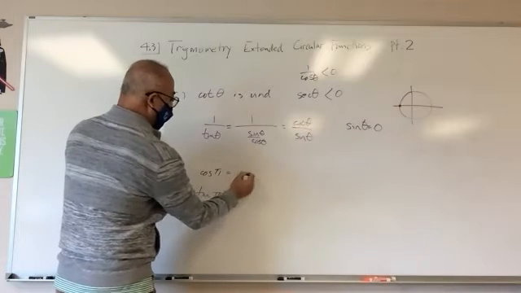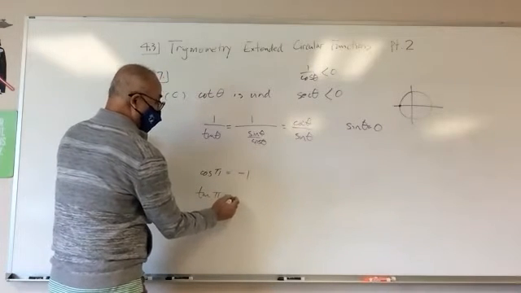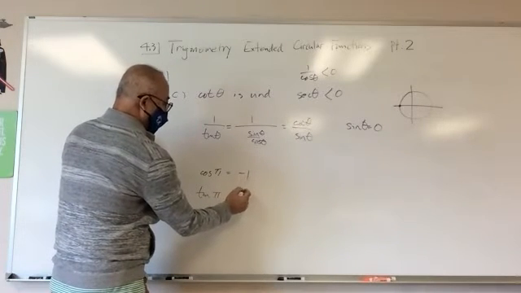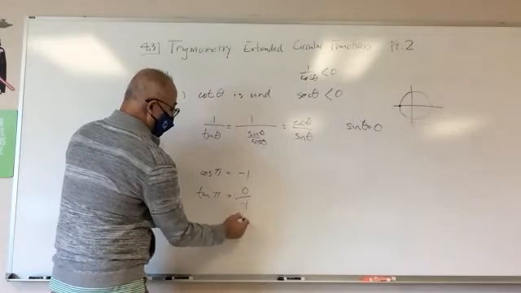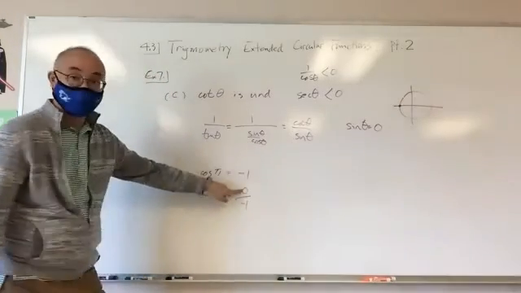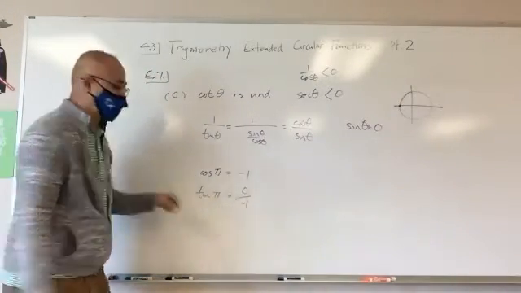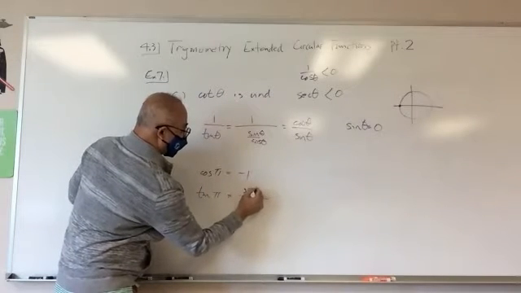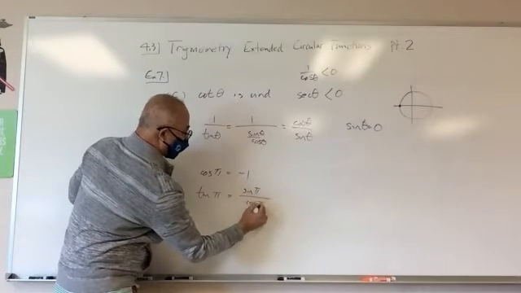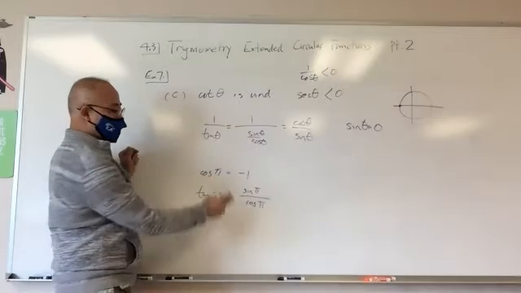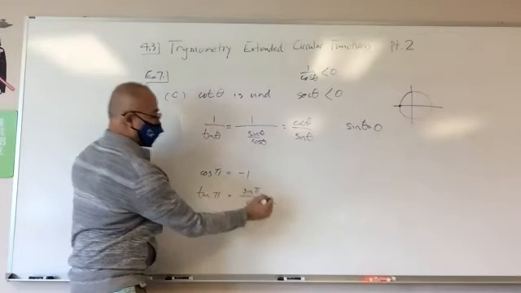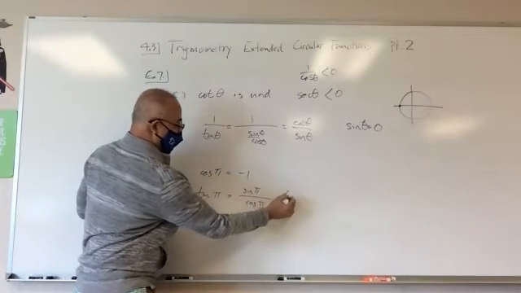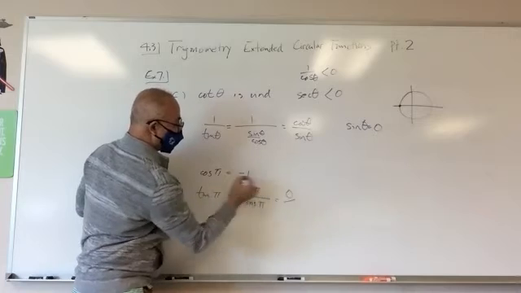Cosine pi is going to be -1. Tangent pi is going to be 0 over -1, right? Sine pi over cosine pi. I'm going too fast. This is the same as sine pi over cosine pi. Sine pi is 0, and cosine pi we just said was -1.